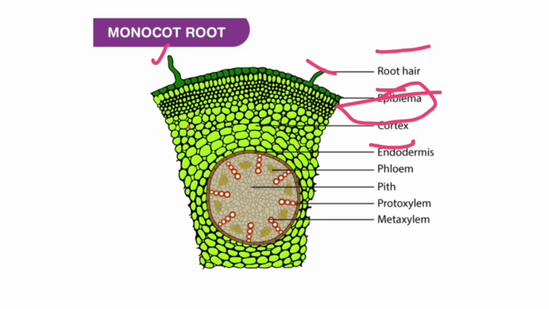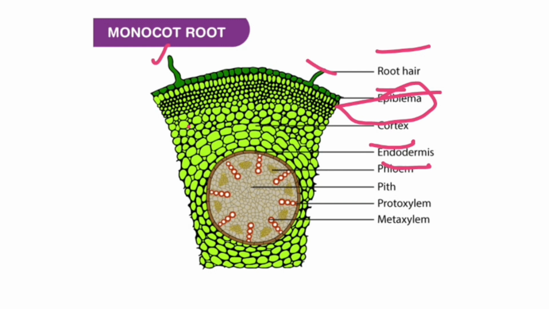After cortex, there is a layer of endodermis. It is actually the innermost layer of the cortex, and it is composed of cylindrical shaped compact cells that lack intercellular spaces. In the young endodermal cells, there is an internal strip of suberin and lignin, which is known as Casparian strip.